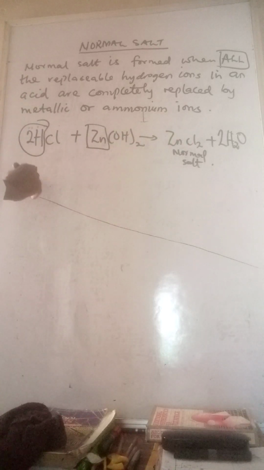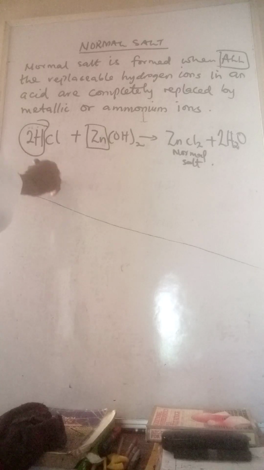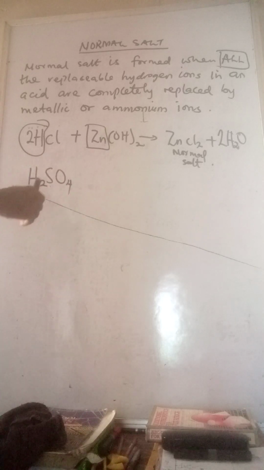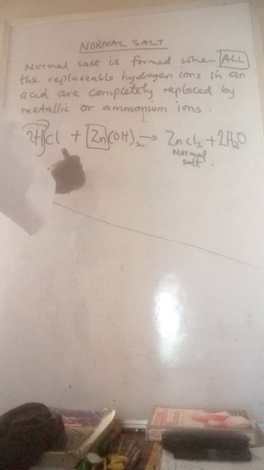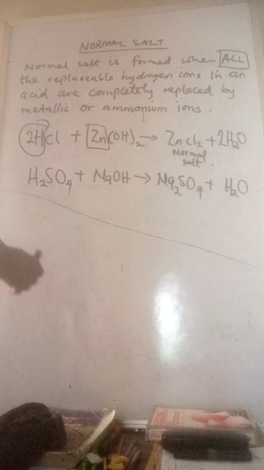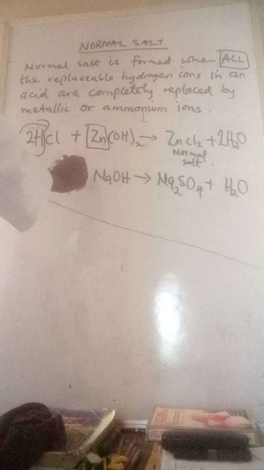Okay, let's have a look at another example. Sulfuric acid, that's tetraoxosulfate 6 acid, with sodium hydroxide base, which is an alkali, that will give sodium tetraoxosulfate 6 salt, and water will be formed. Now, let me balance the equation.